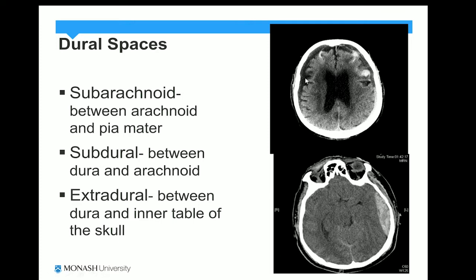There's bleeding between the dura and the arachnoid mater, and it's quite low density, so this tells us that this is a chronic bleed. And then on the image at the bottom, we can see that we've got an extradural because the bleeding is between the dura and the inner table of the skull.